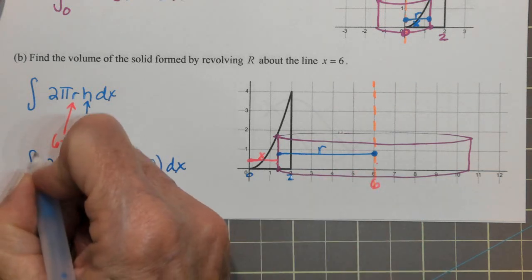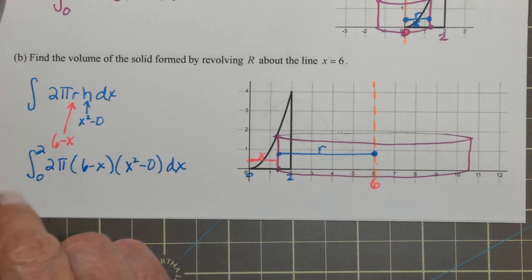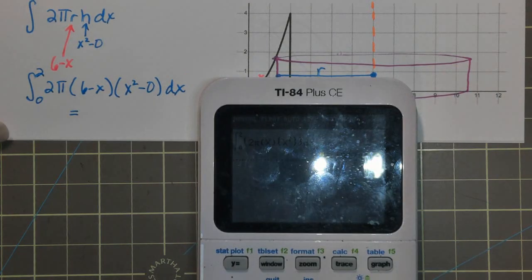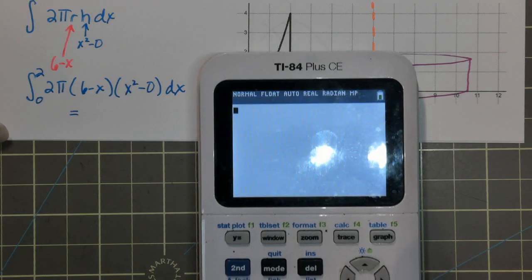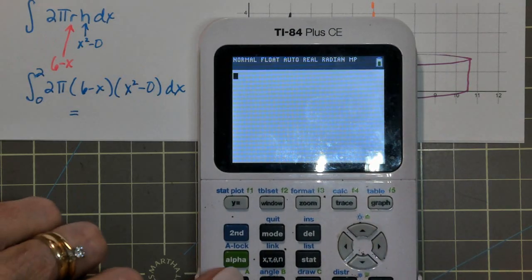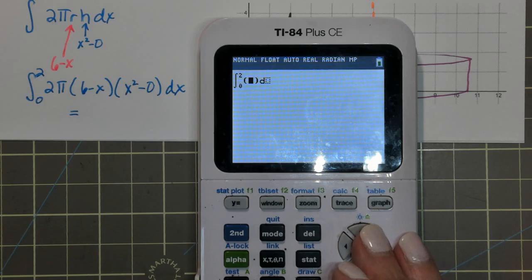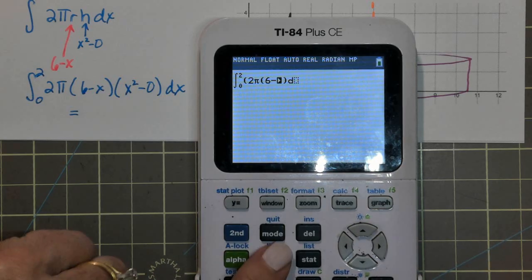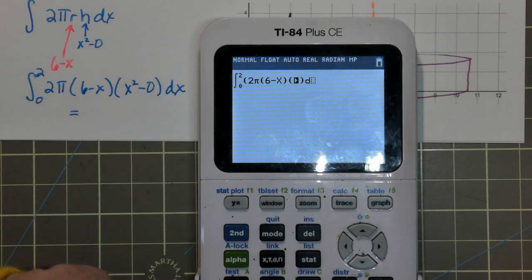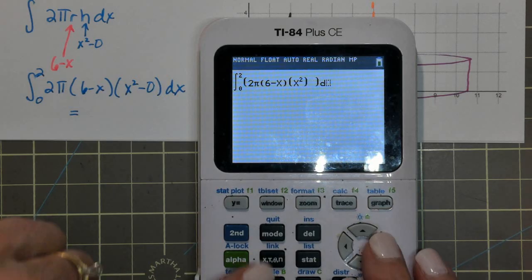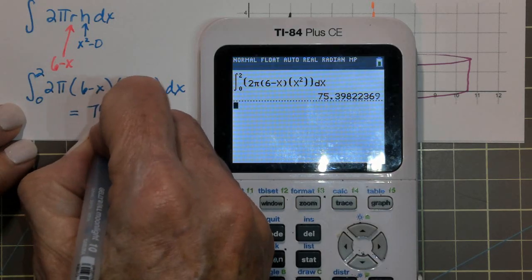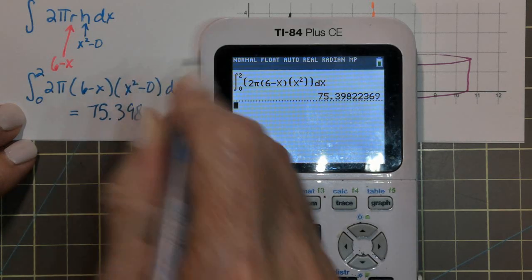You always use the boundaries of your region, not your finished project. Okay? So we have the integral from 0 to 2 of 2 pi times 6 minus x times x squared, which is 75.398.